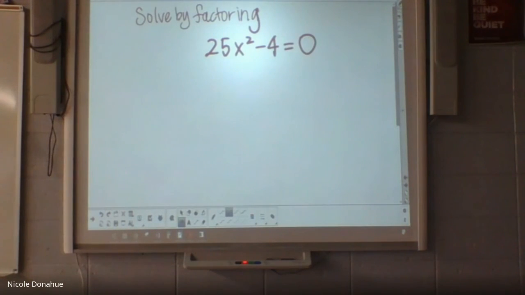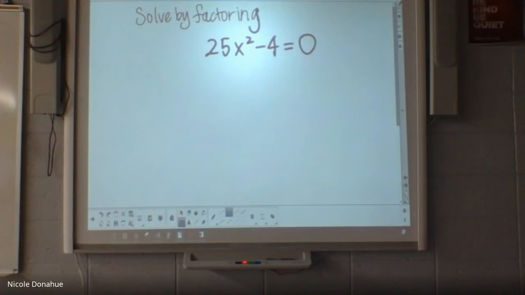Oh, you're right. So they're both perfect squares. So I know it has to be 5 times 5, and 9 times 1, and it'll be 2 separate sets of parentheses. And those ones, if they're both perfect squares, they're kind of easy to do.